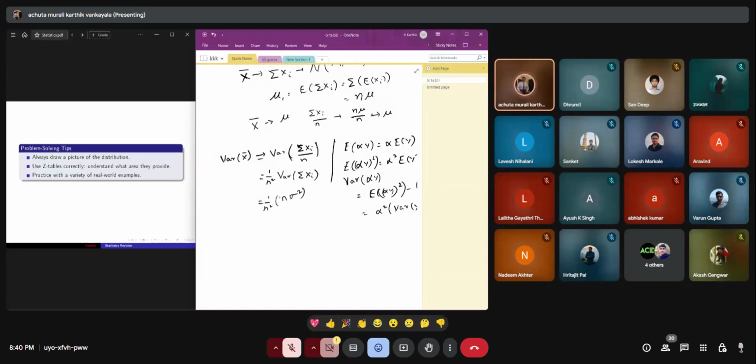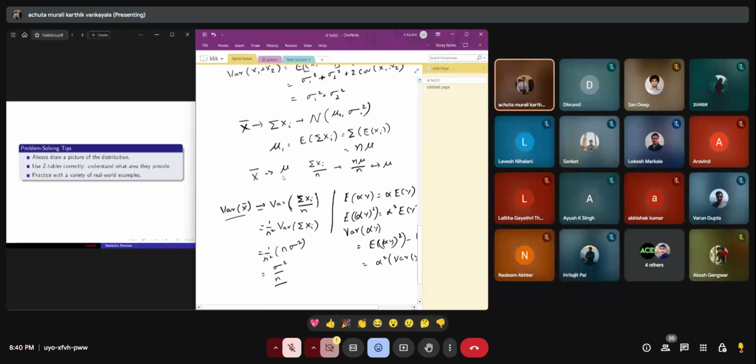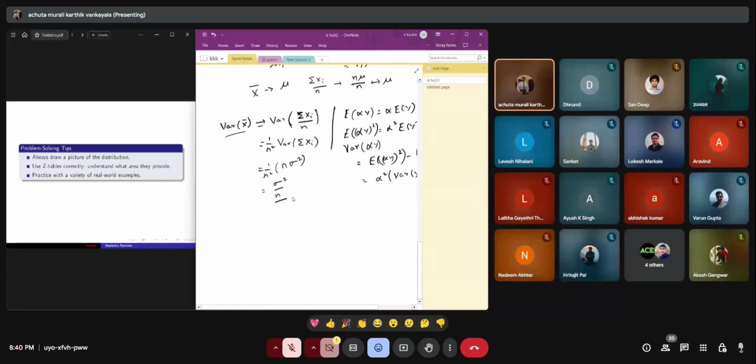For sigma xi, that would be n times sigma square. So this is sigma square by n. So the variance of x bar is sigma square by n, and the mean of x bar is mu, the population mean.